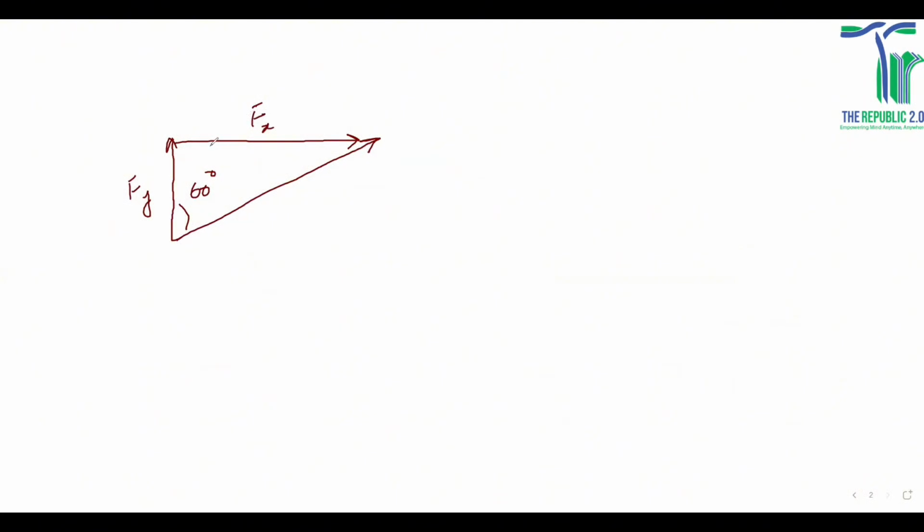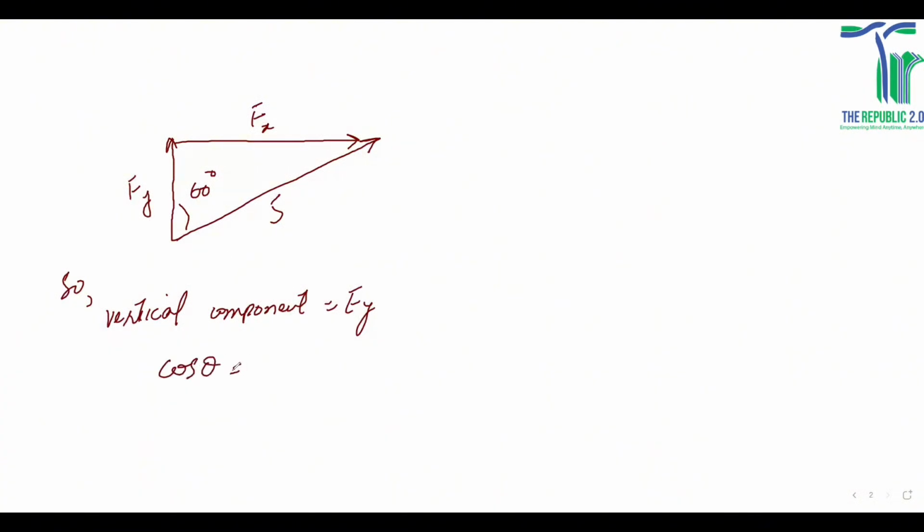Now, in this case, if you want to calculate Fy or Fx, keeping in mind that this is the same vector, which was of 5 newtons, how can you calculate that? In this case, you can see that the vertical component is Fy, and since this is the adjacent side of the angle, for calculating the vertical component, this time I'm going to use cos theta.